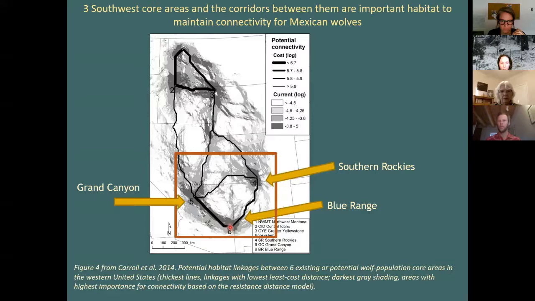So there are these 3 core populations, the Southern Rockies, the Blue Range, and the Grand Canyon, and you can see that they do have these important connected corridors that would allow for those genetically effective migrants to disperse from their natal populations into these other core populations over time.